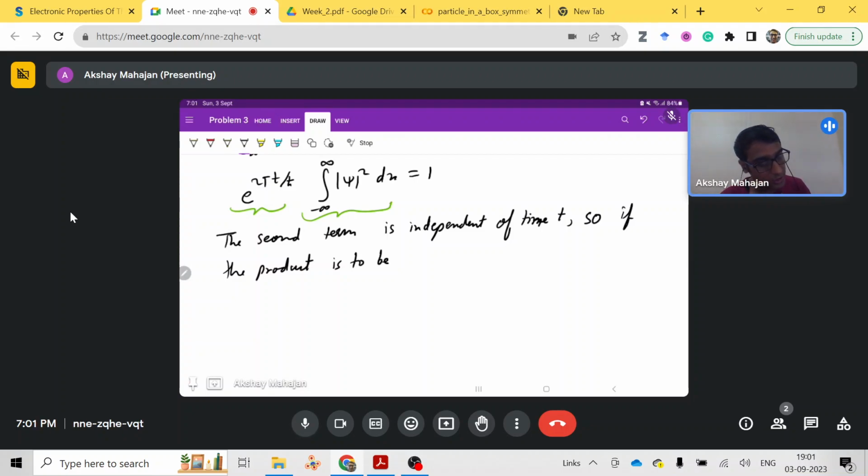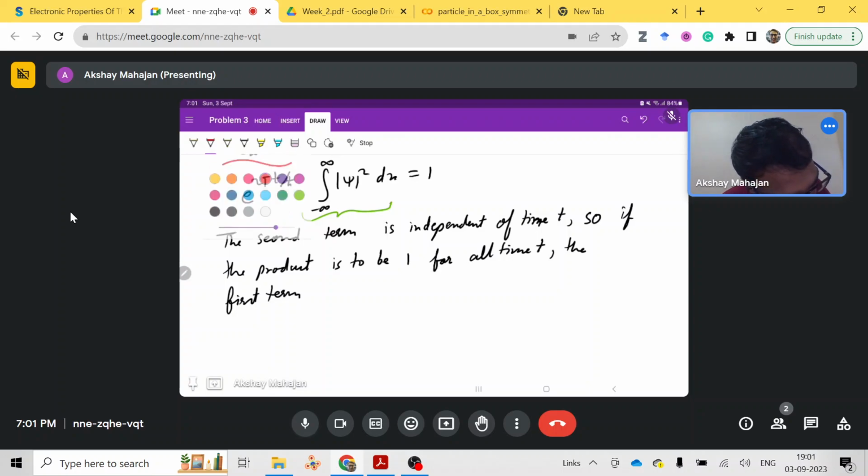So if the product is to be 1 for all time t, the first term, let me just show you with the colors.